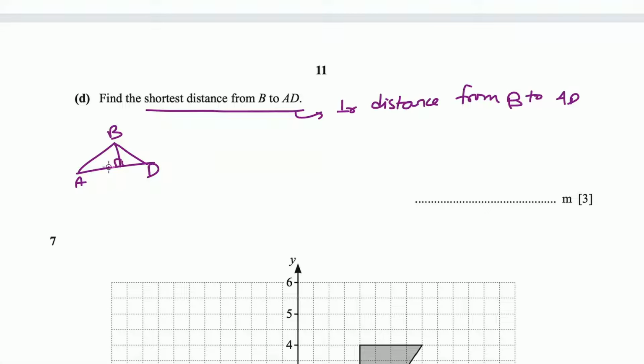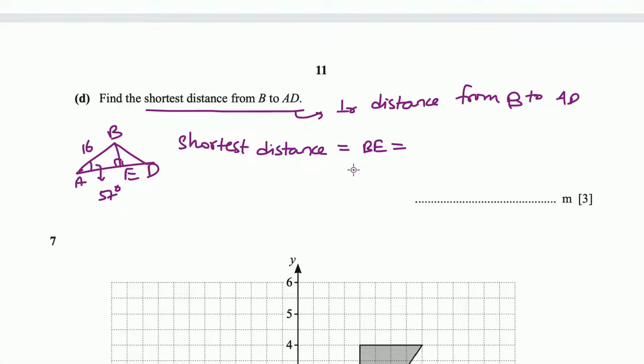The shortest distance would be equal to, since this is 90 degrees and we already know the value of AB, which is 16, and we know the angle A, which is 57 degrees.